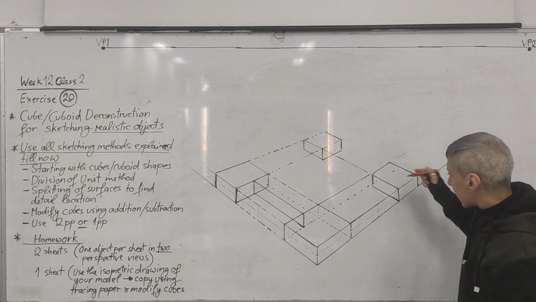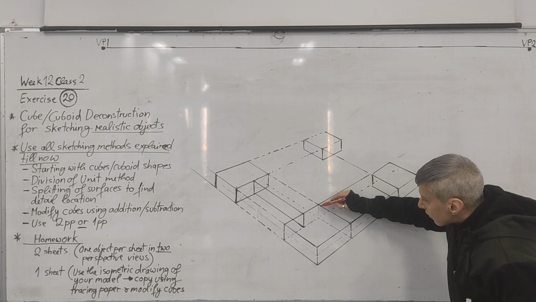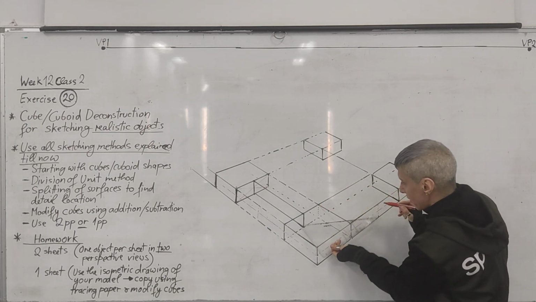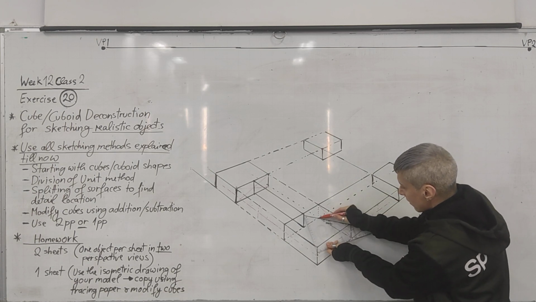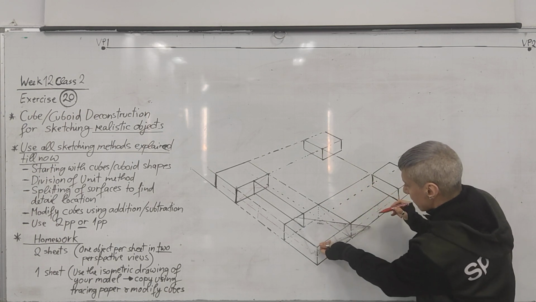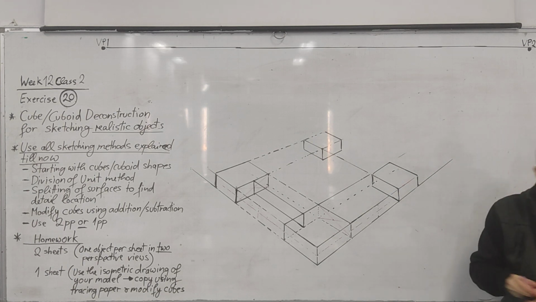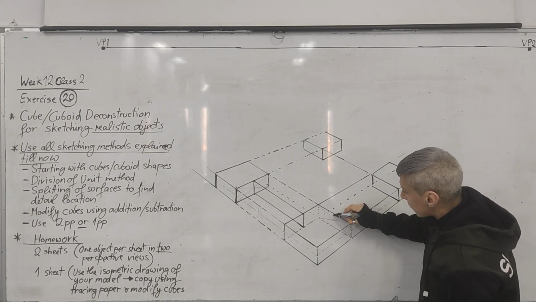So I can start anywhere. I can start on this one. It's the same thing. So if I start here, so splitting of the surface. Where is the midpoint? The rest, so here is the midpoint.